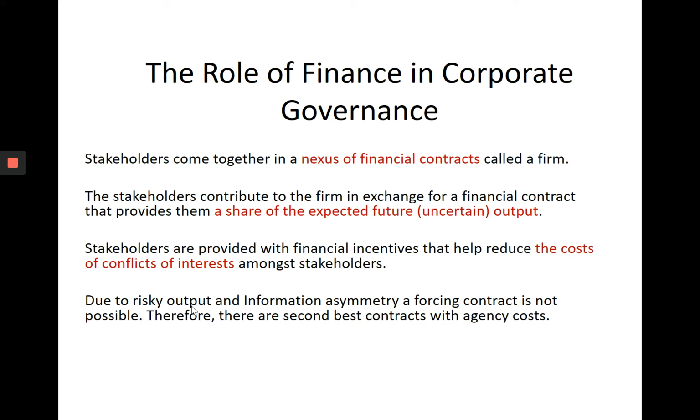They provide a share of the expected future output, which is uncertain, and this share is often measured in monetary terms. And of course, another item in red is the cost of this conflict of interest. The stakeholders have an agency problem, a conflict of interest, and that leads to a second best contract. And therefore, this conflict of interest is costly.